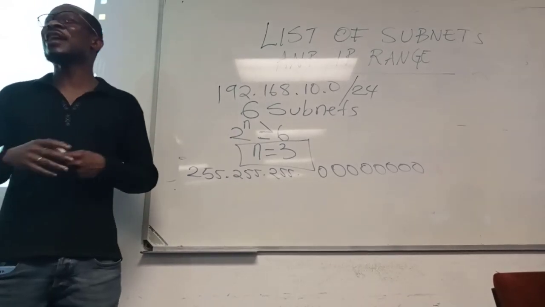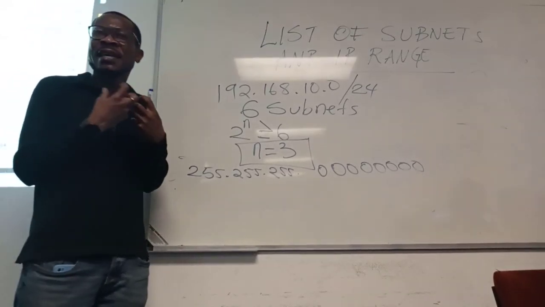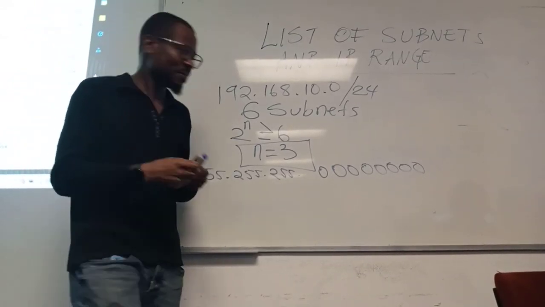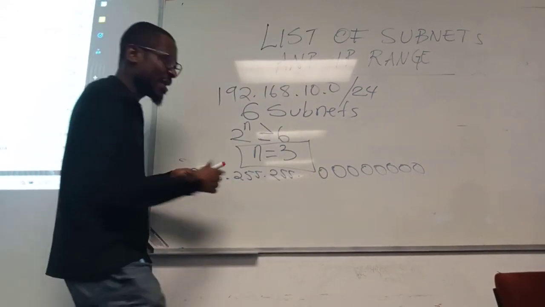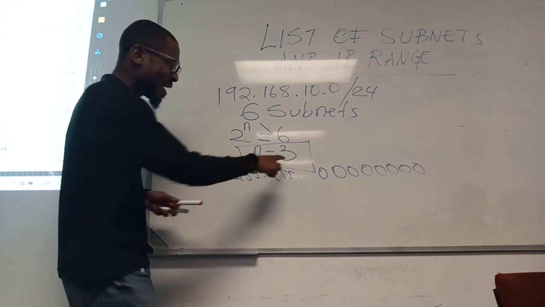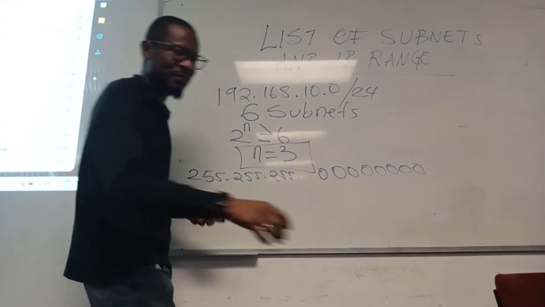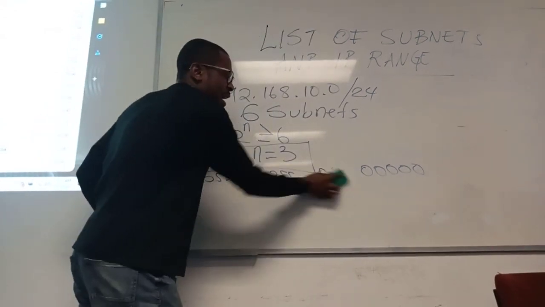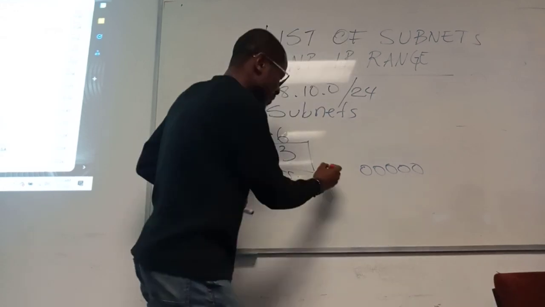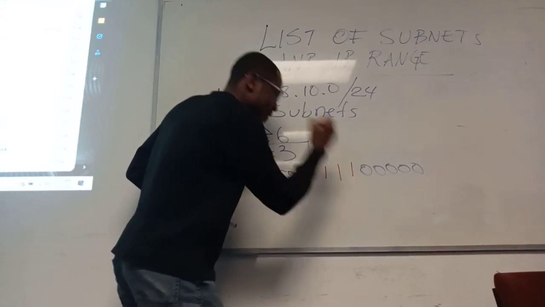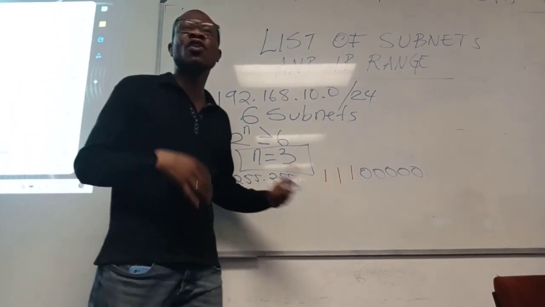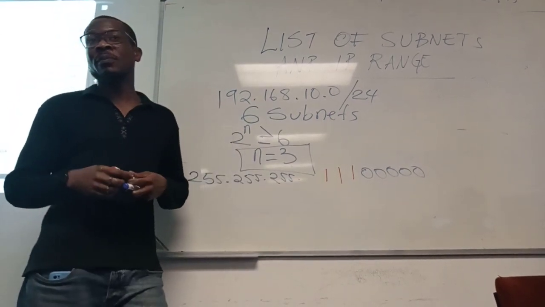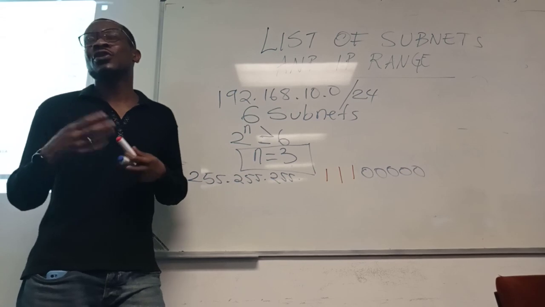You cannot touch them. Now from here, you check your 3 bits, they are here. So you wipe them and replace them by 1, 1, 1. Now this octet must be converted to binary, just for you to know your new subnet mask.